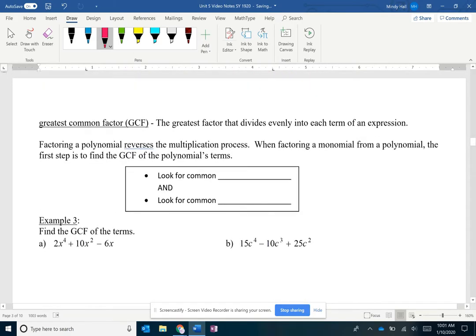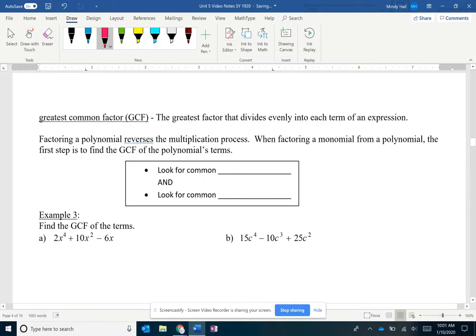So, like I was saying, the greatest common factor divides evenly into each term of an expression. When we're factoring a polynomial, it reverses the multiplication process. When factoring a monomial from a polynomial, the first step to find the GCF is to look at the polynomial's terms.